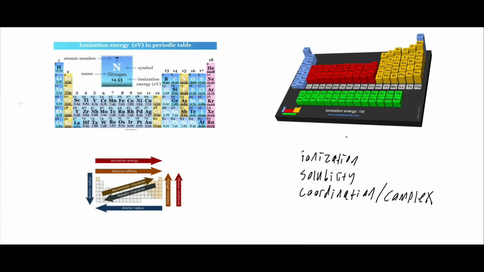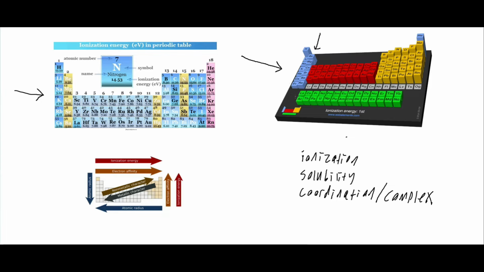So this is a periodic table with the first ionization energies of all these atoms. It shows the ionization energy trend, where these ones over here, except for hydrogen, have really low ionization energy, and so they ionize quite easily.